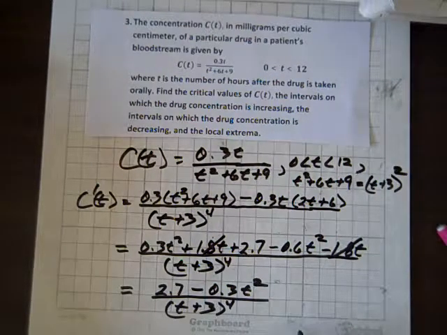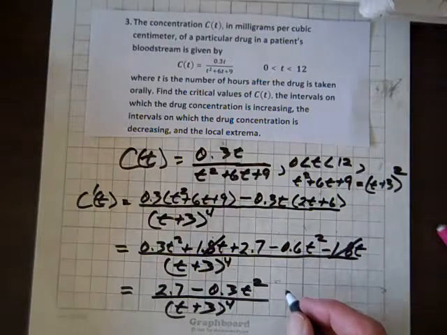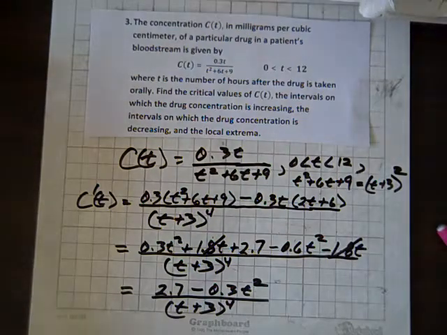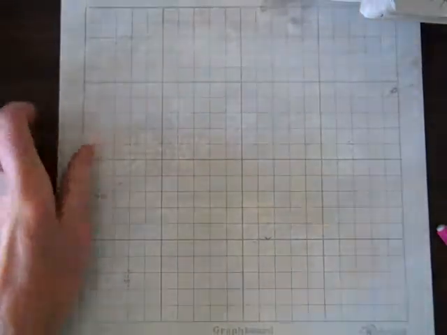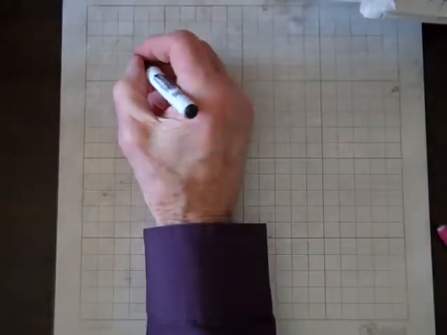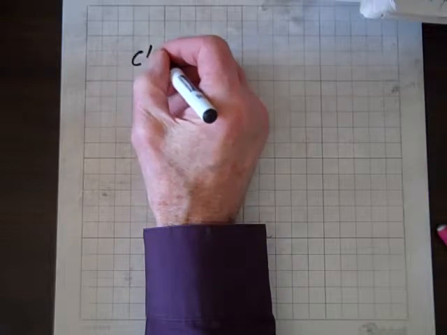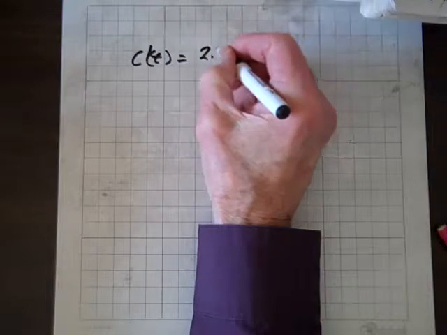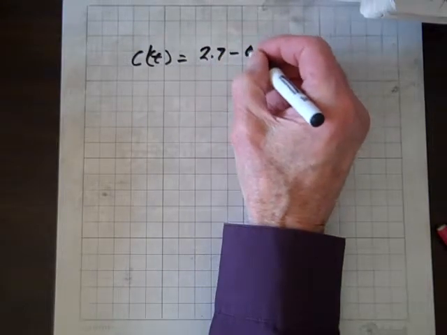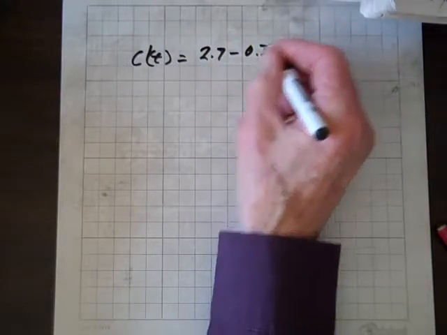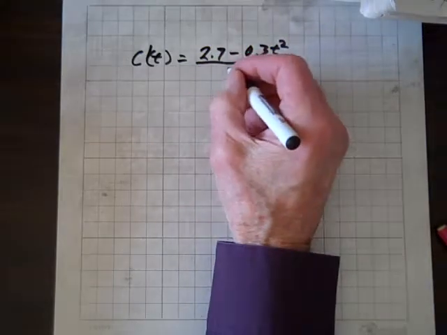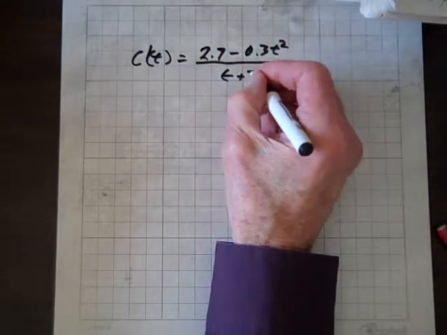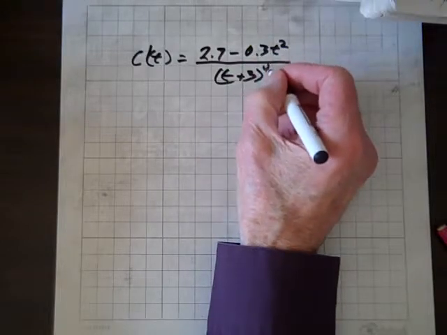Okay, so now we have to find the critical values. So we're going to set C prime of t equal to 0. So C prime of t, and let me rewrite that one more time, is 2.7 minus 0.3t squared, and that's over (t plus 3) to the 4th power.